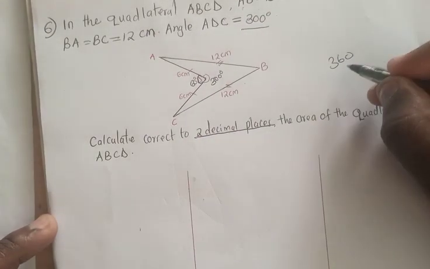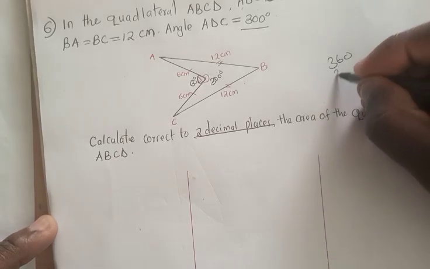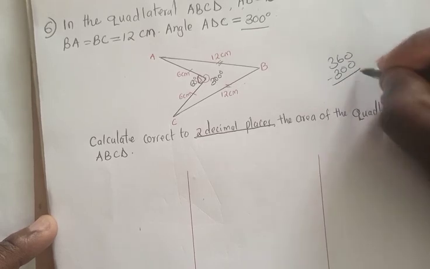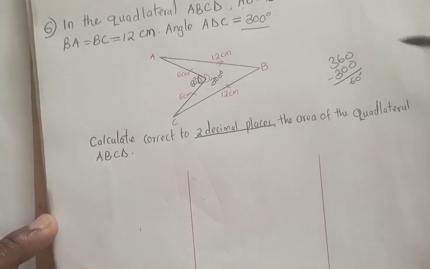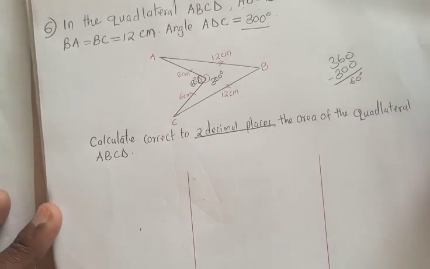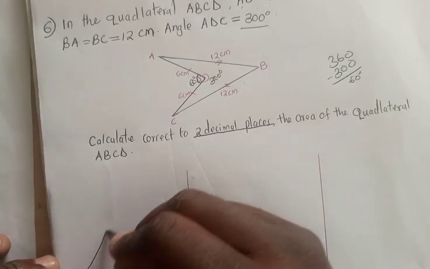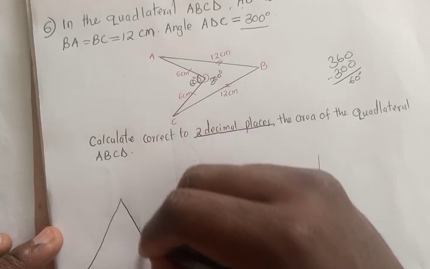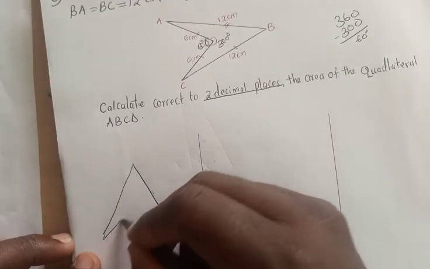Because we take 300 and minus it from 360 to get 60 degrees. After getting that angle, that is angle ADC, now we can simplify the question by drawing the quadrilateral like this, for you to get it well.